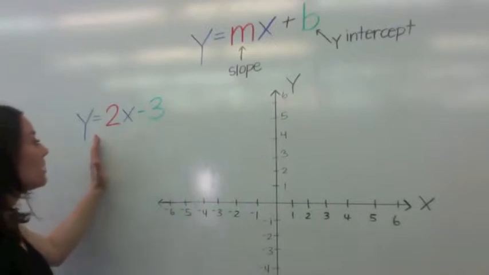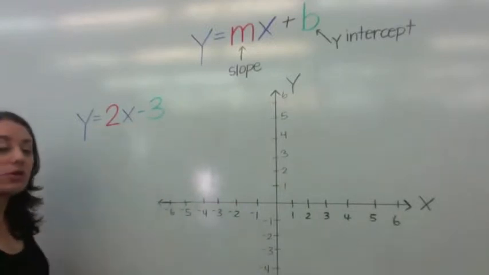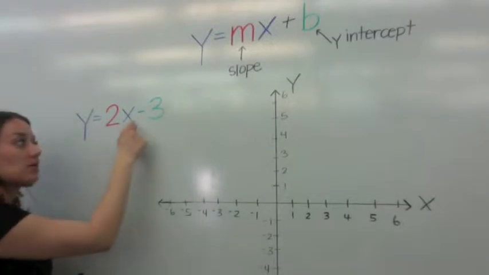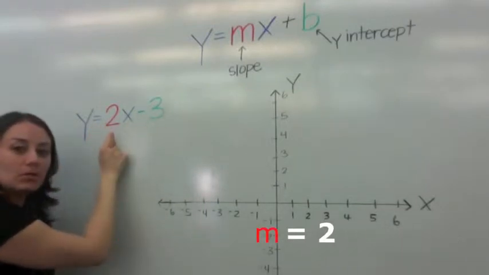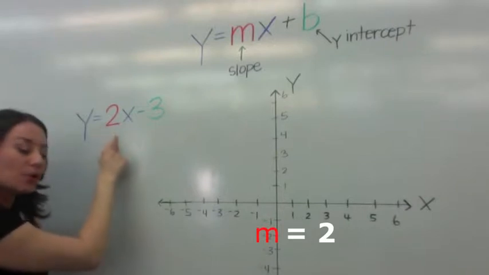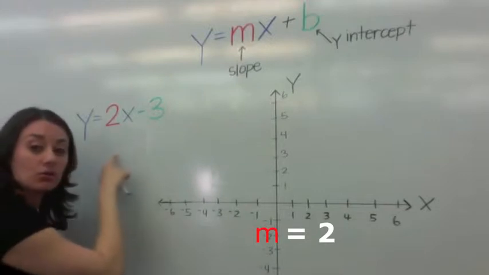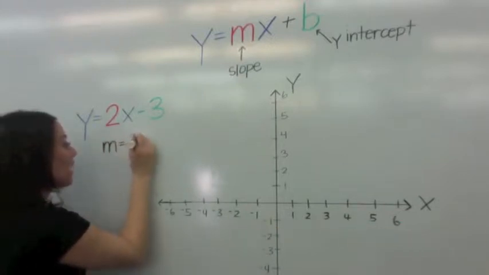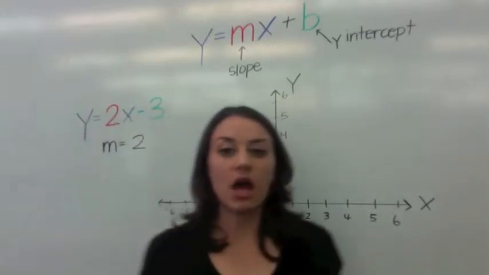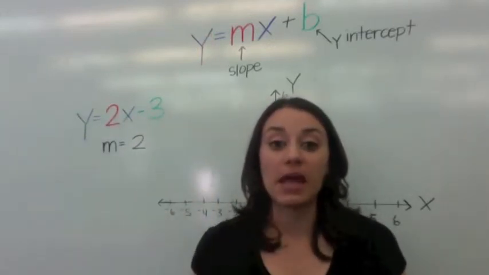It says, read it with me, y equals 2x minus 3. Well, if you know your mama's ex-boyfriend, what is the slope? What is m? What is the red number? It's 2, exactly. So here, m equals 2. However, slope is always going to be rise over run. What is it going to be?